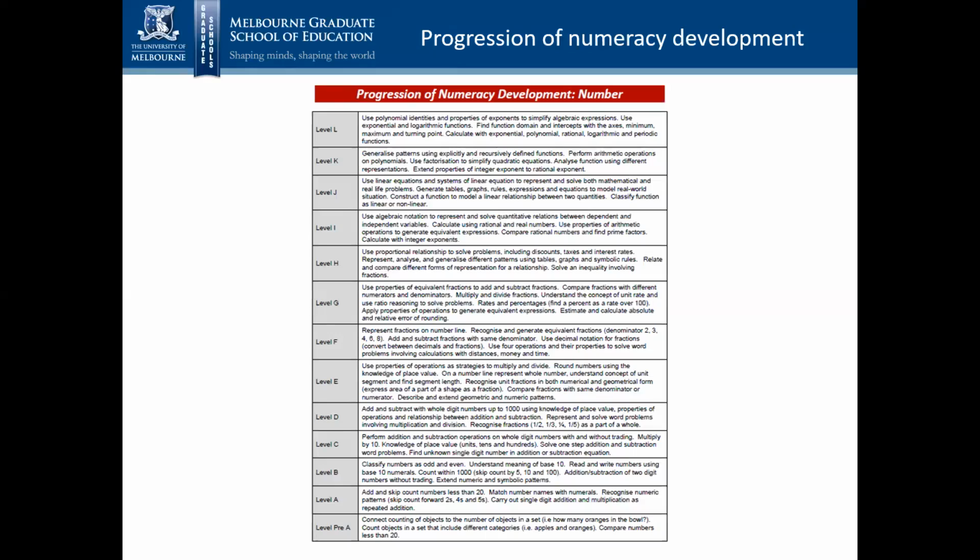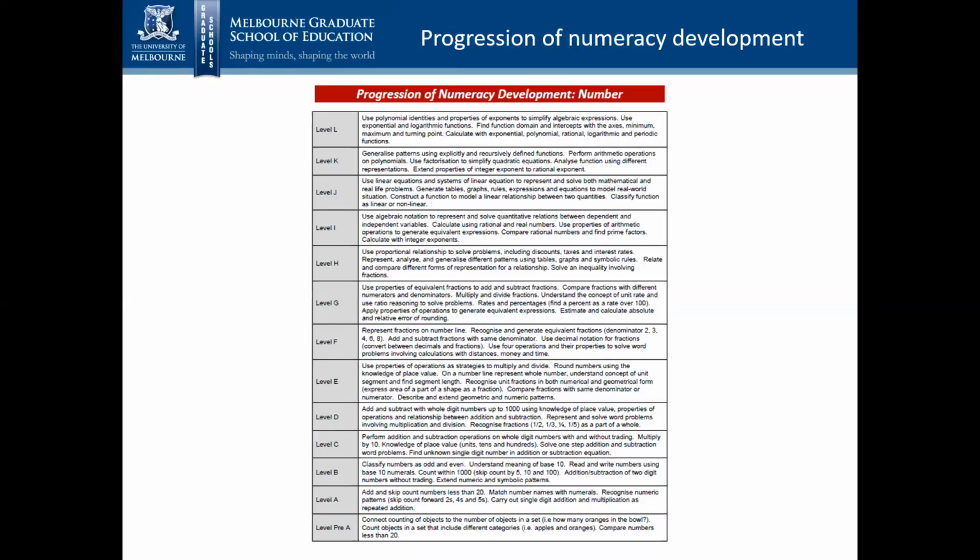You couldn't place students on a progression like this with a single assessment. It wouldn't make sense to ask the same student to count single objects and attach numbers to those, which is at the lowest level, pre-level A. You couldn't expect the same student to also be able to represent fractions on a number line, which is at level F of this progression, or to use linear equations, which is at level J of this progression.